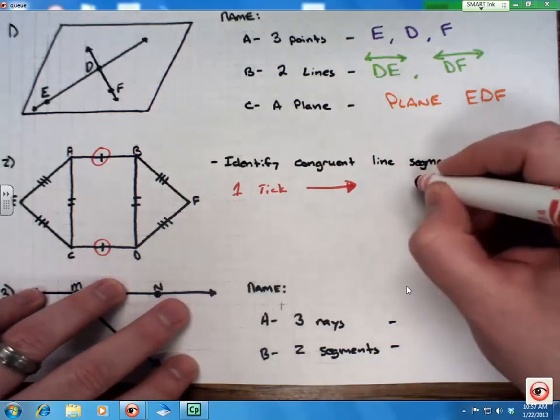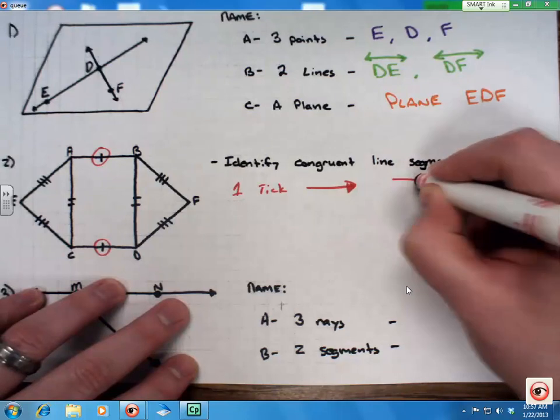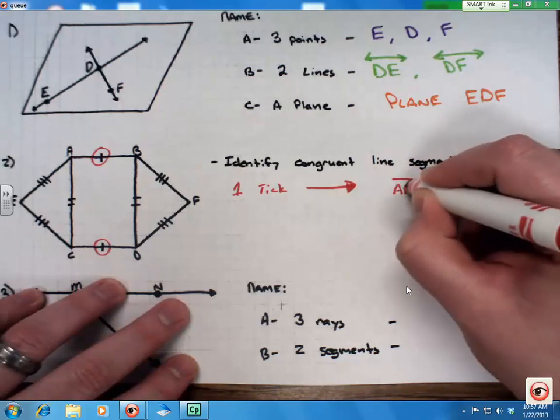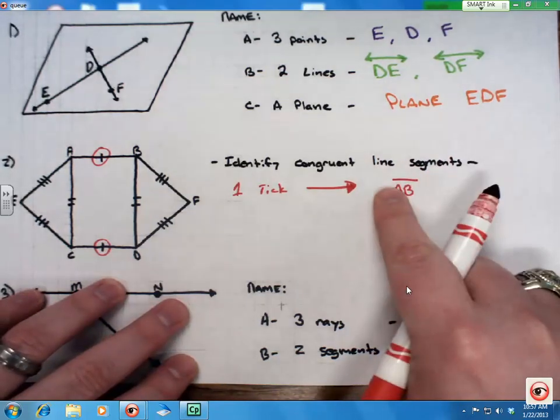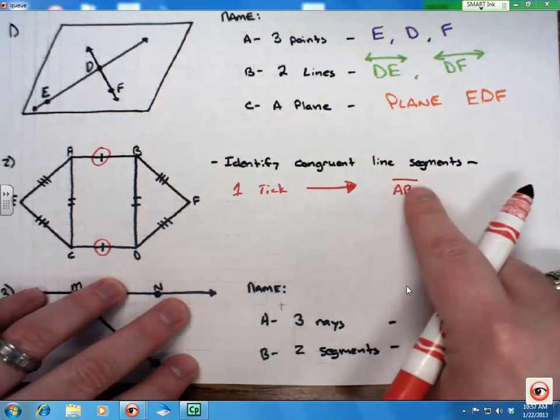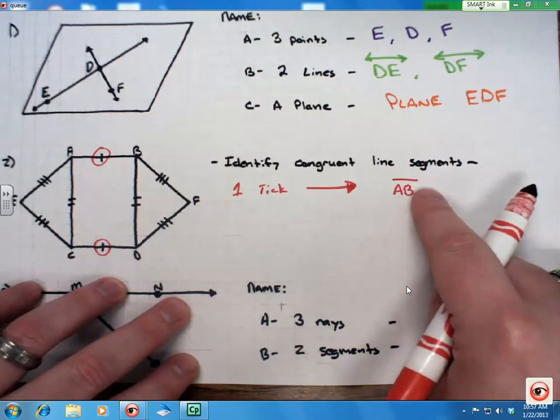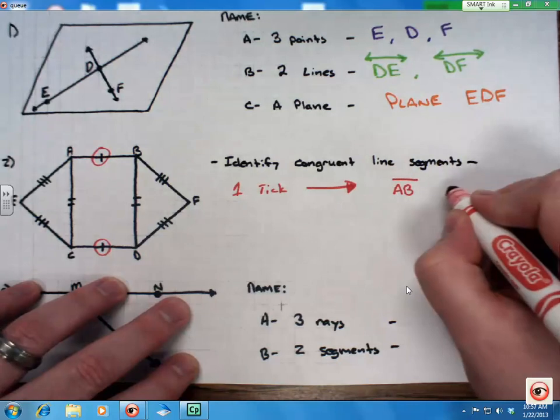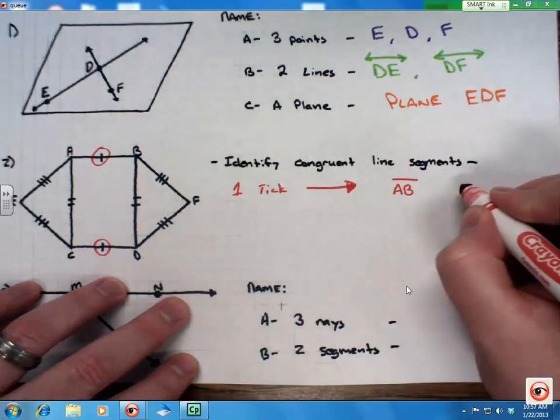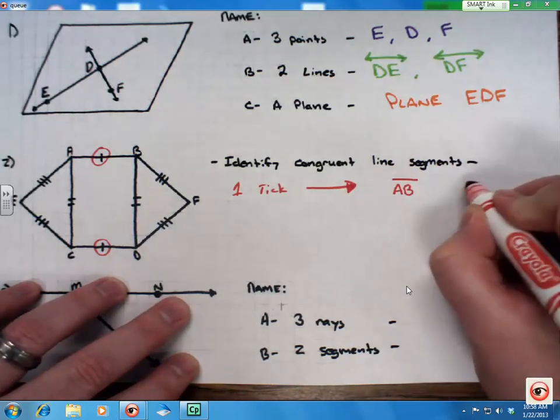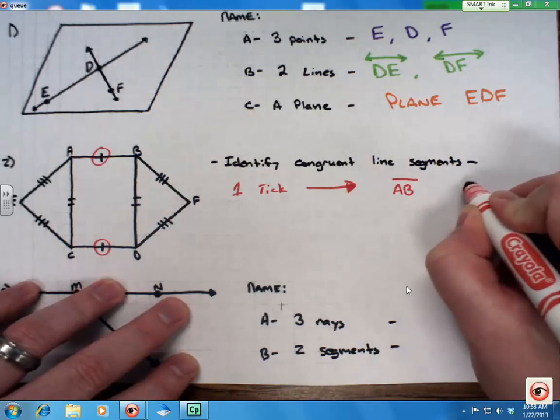So we could say line segment AB. Now remember, whenever you're drawing a line segment, we label that with just a bar above the A and the B. That indicates that it's a line segment. Is congruent to CD.